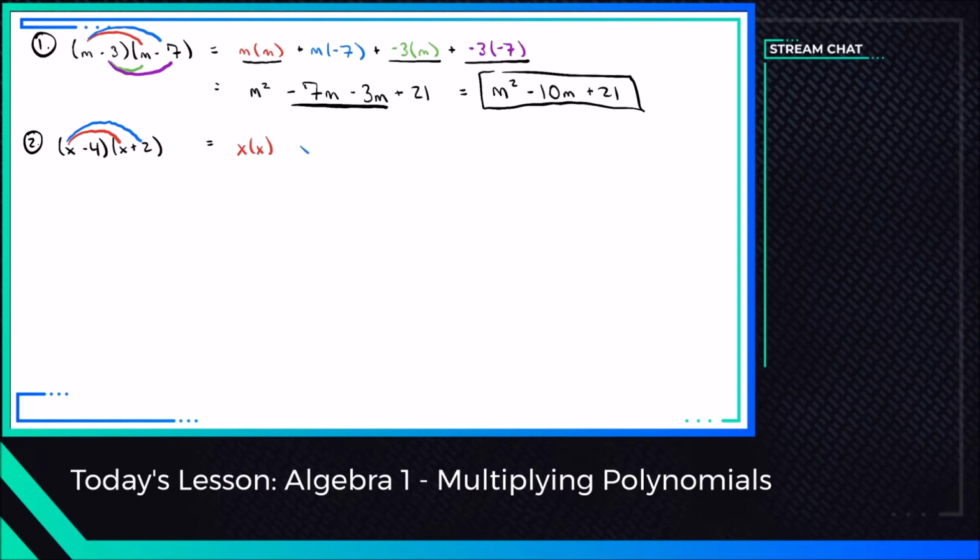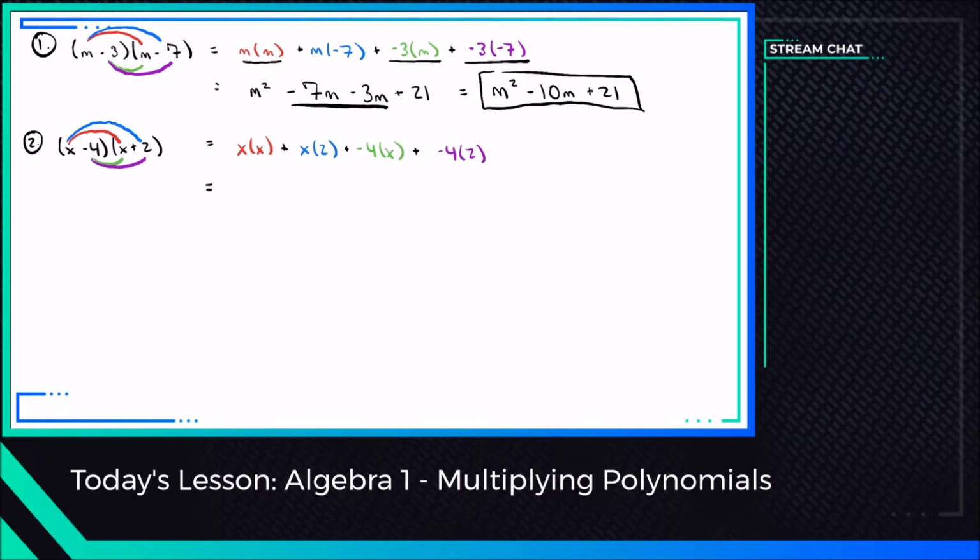So that's an x and a 2. And then we're going to go to our 2 inside terms. And then we're going to go to our last terms. Notice that I'm bringing that negative here with that 4. All right, we'll throw some plus signs in here for placeholders once again.